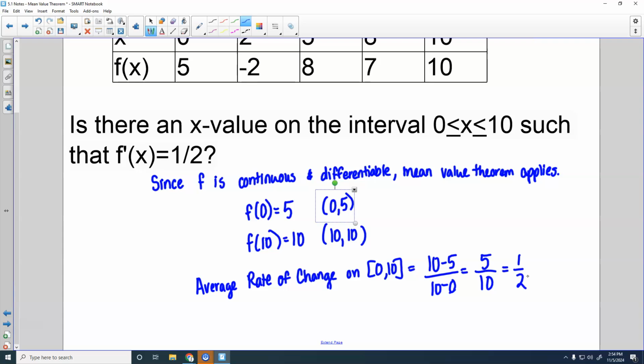So since my average rate of change is 1/2, is there an x value on the interval from 0 to 10 such that f prime of x equals 1/2? Yes.